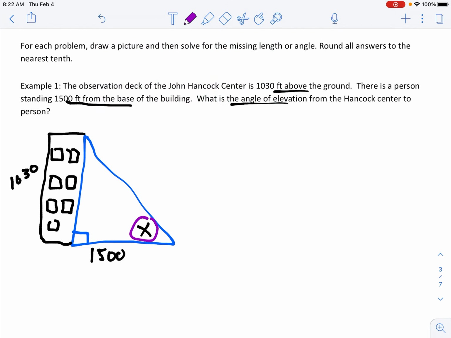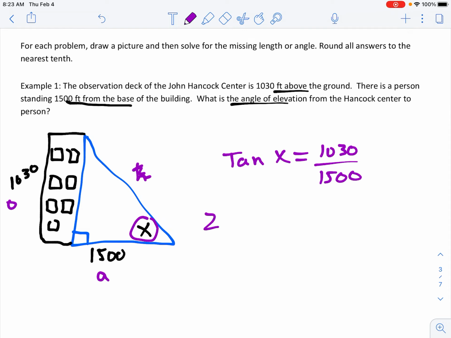If you start at your angle and label your sides, we have O, we have H, and we have A. There's nothing on the H, so if I'm using SOHCAHTOA, I have O and A, so I'm going to use tan. Tan of my angle equals opposite over adjacent.